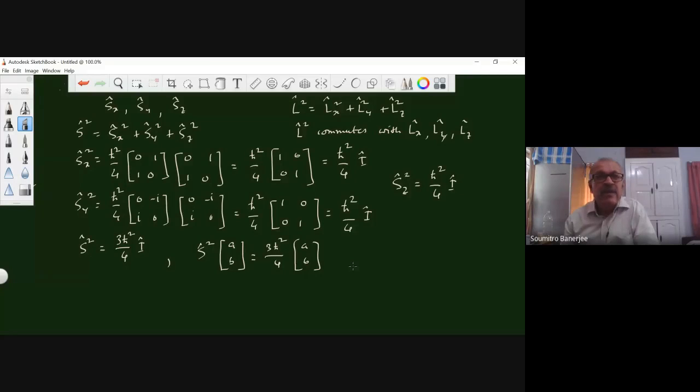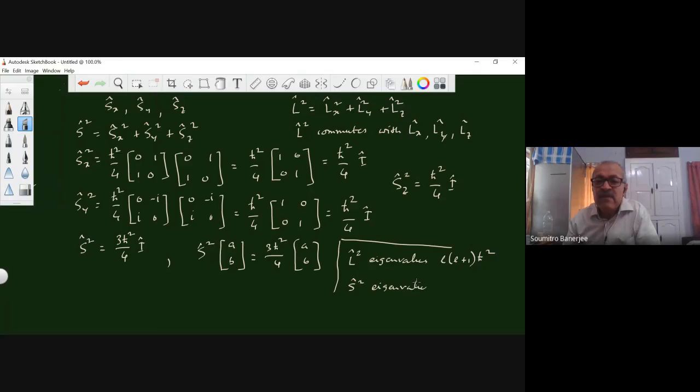In case of the orbital angular momentum, we saw that L square has eigenvalues l(l plus 1) h cross square, right? And then we assume that S square also has eigenvalues s(s plus 1) h cross square. Just arbitrarily we assume and see what that results in.